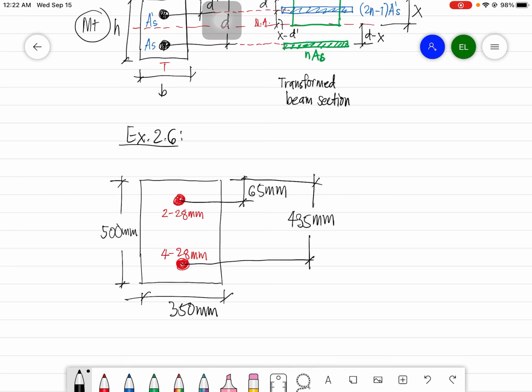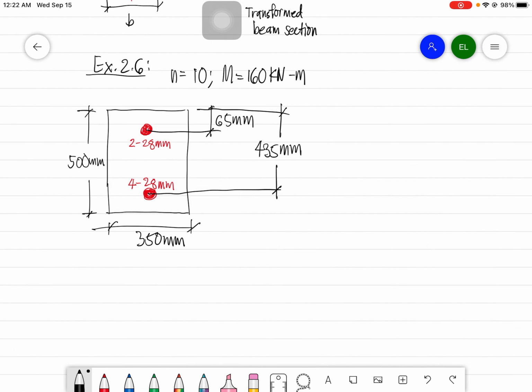I think the detail is now good, and don't forget n is given, which is 10. Then we have the applied moment, which is 160 kilonewton meter. So this is the original beam section.